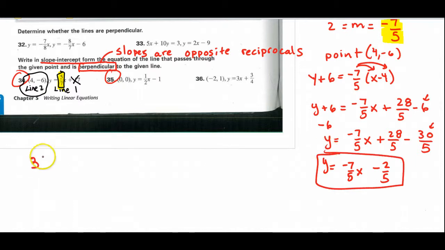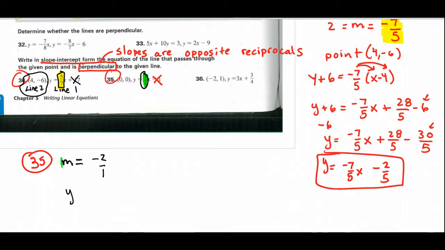Problem 35 is our last problem. The slope of the line that I want is the opposite reciprocal of this highlighted slope, so M equals negative 2 over 1, which is the opposite reciprocal of this slope here.